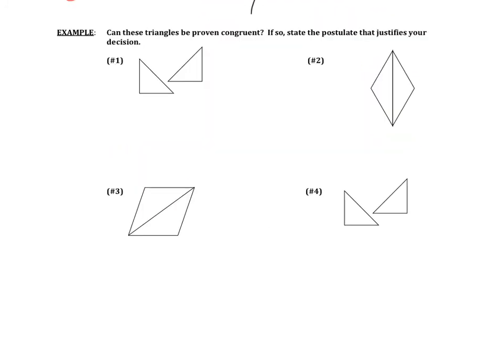So the next 4 problems, I'm actually going to mark them and make them up as I go, and then you're going to tell me, we're going to find out, can we show they're congruent or not? So like, let's do the first one like this.